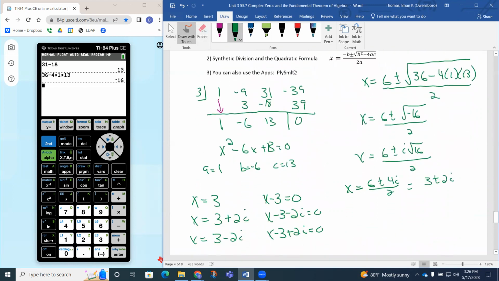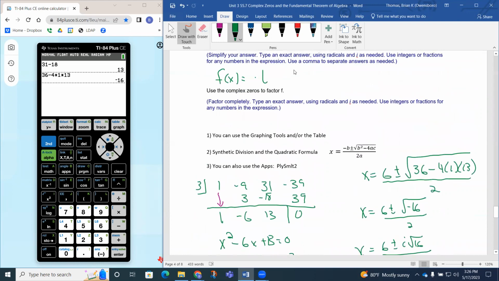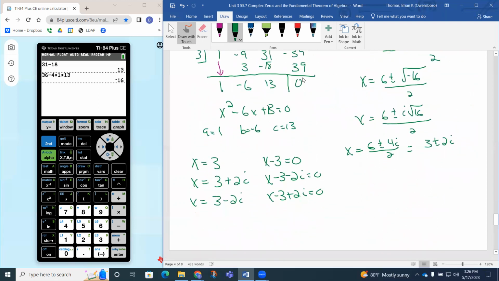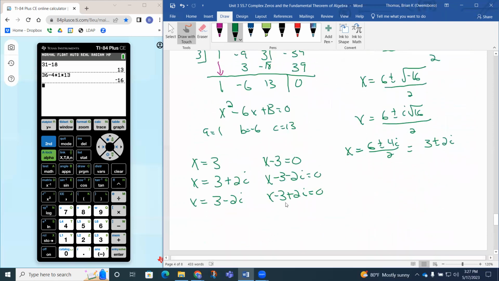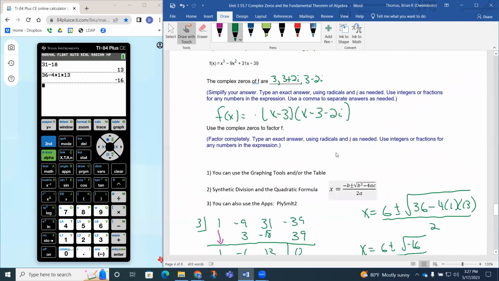We had x minus 3 as the first factor. And then x minus 3 minus 2i is the other factor. And then x minus 3 plus 2i. That is what it looks like in factored form. The zeros have to be put in the form of x minus r. Remember, all these signs have to switch when you do that.